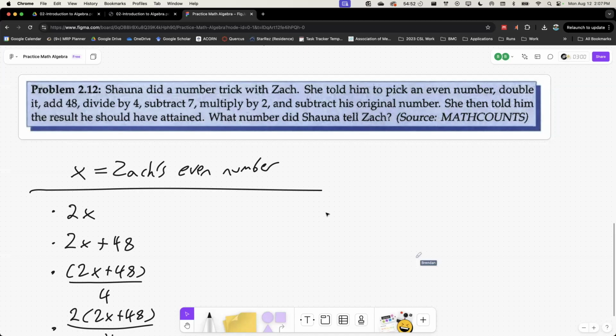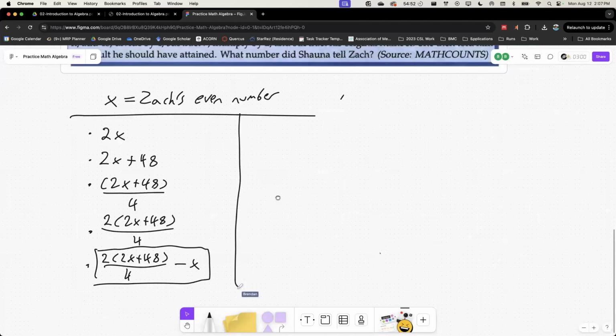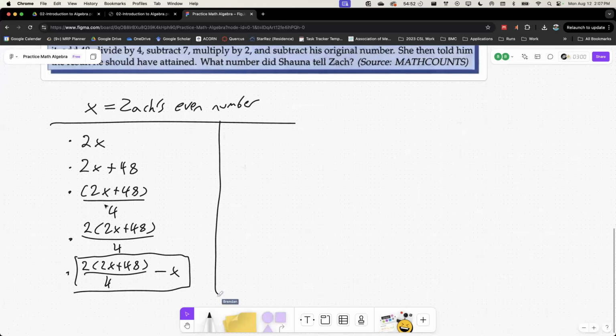So this is the expression that we start with once we follow each of the steps that she talked about. Okay, this is the number on the bottom here. You can see it now. So what we did here was we multiplied by 2x plus 48 after we divided by 4.